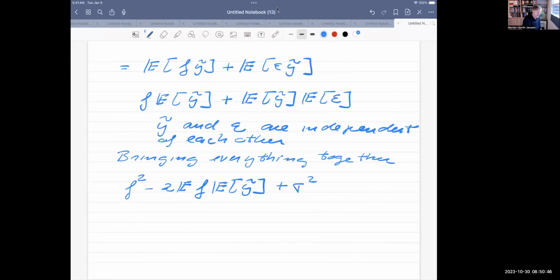And just keep in mind that this one is actually equal to 0. And then I have plus the variance of y tilde plus the expectation value of y tilde squared.